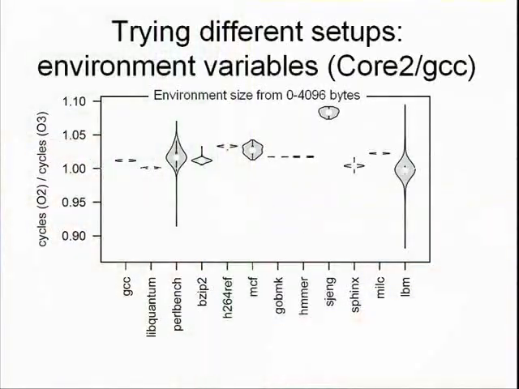So the y-axis gives you this ratio. If you see numbers above 1, it means O3 is beneficial over O2. And if you see numbers below 1, you see that O3 performs worse than O2.